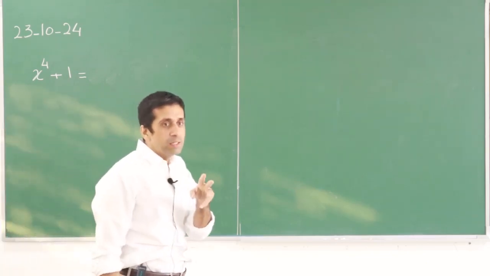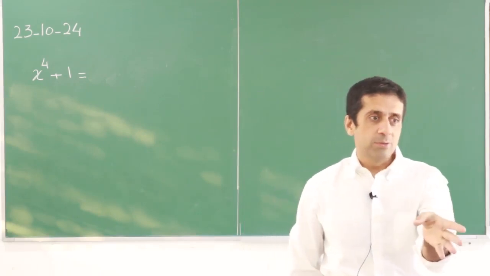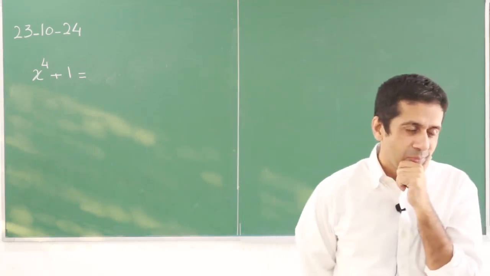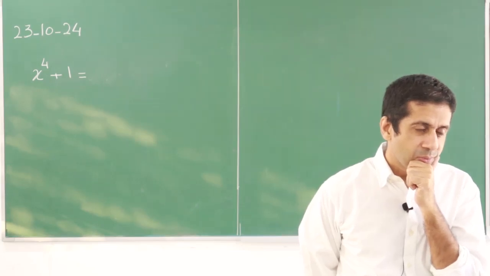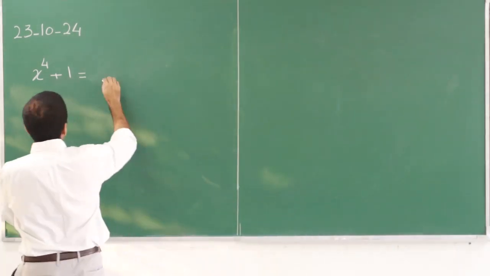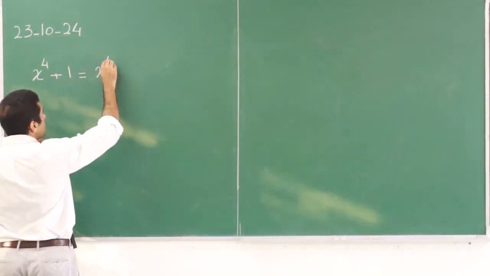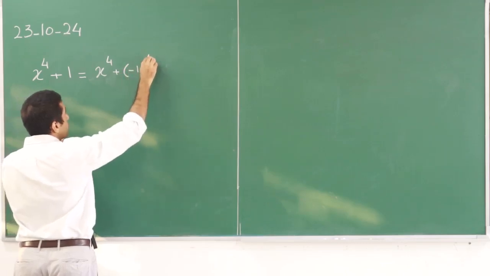Think carefully. Somebody else who tried it. Next, J, you. Sir, x to the power 4 plus 1 plus minus 1 to the power 4. x to the fourth plus minus 1 to the power fourth. Okay, and then what?